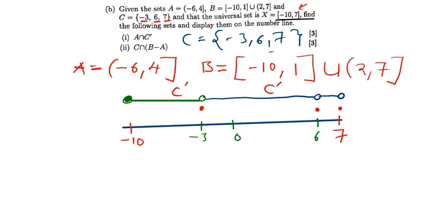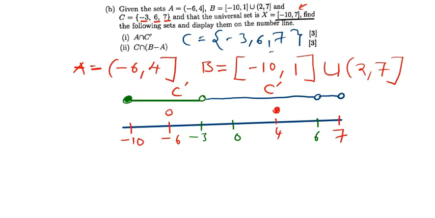So let's remove C since we don't need it anymore, and put in set A. A runs from negative 6 all the way up to 4. So let's say 4 is somewhere there. 4 is included, unlike negative 6.